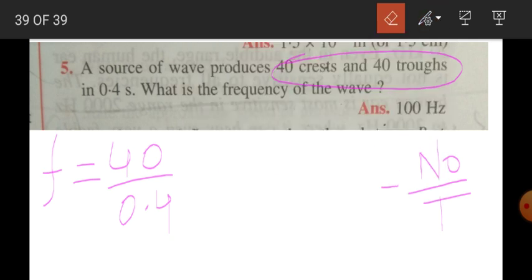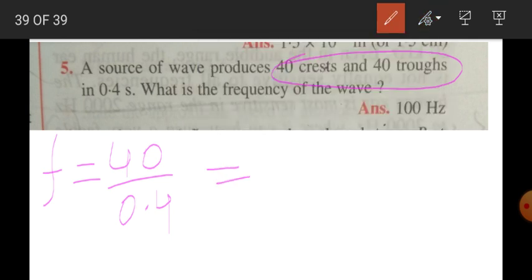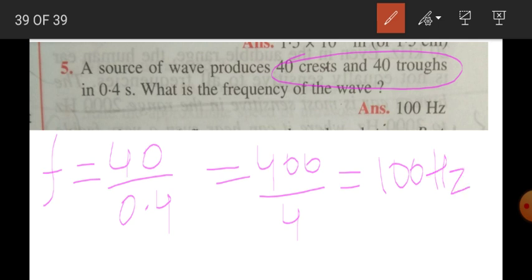Now if I calculate it further, divide up and down by 10, this will become 4 and this will be 100 hertz. So you may think we can use the other formula here, but since the velocity of sound is not given, it is better to use this basic formula of frequency.